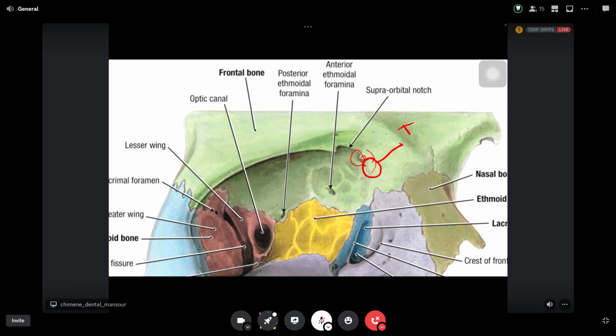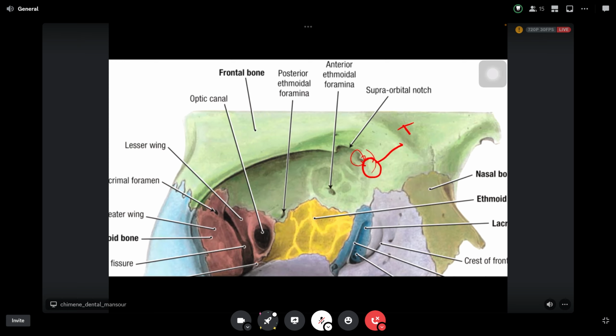The cribriform plate belongs to the ethmoidal, as you may know. Okay, the lamina papyracea is close to the orbit. It is between the orbit and the ethmoidal labyrinth, right?